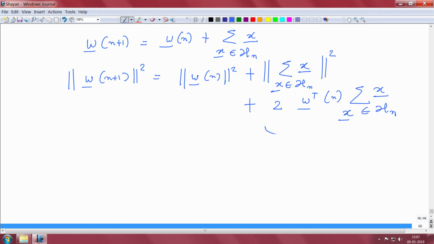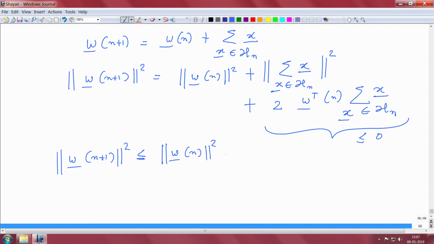But we know that this quantity is less than or equal to 0, right, because we assumed that to start with. So, therefore, norm of W n plus 1 square is less than or equal to norm W n square plus norm sigma over x, x belonging to the set of misclassified points at time step n, square.